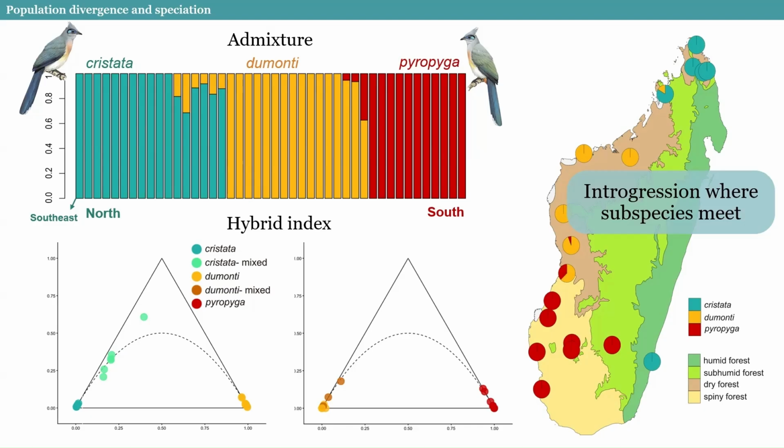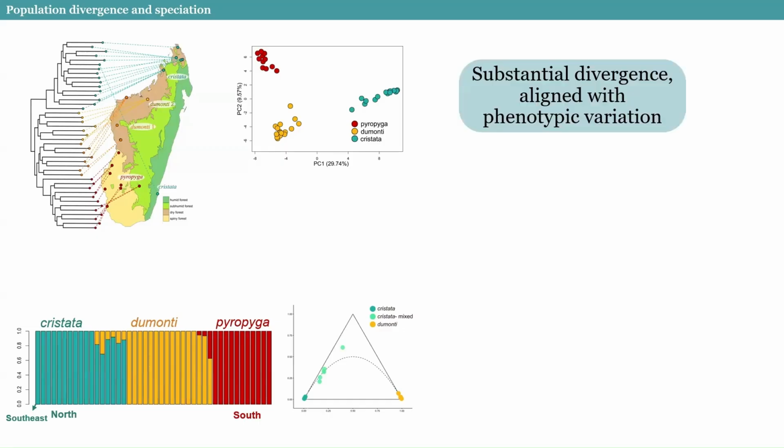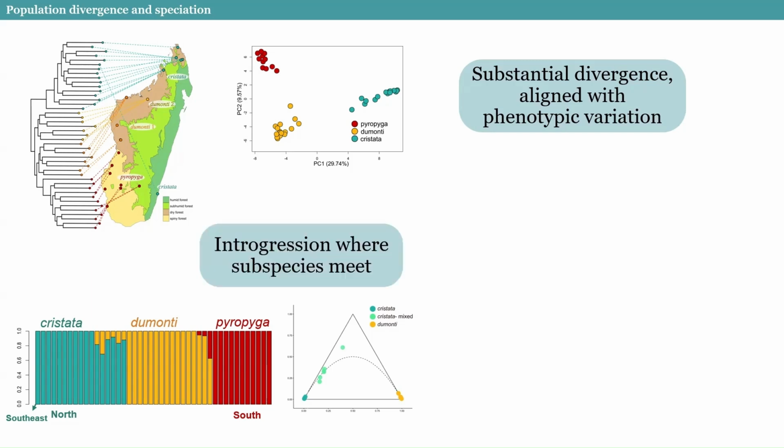And essentially what we're seeing here is that these individuals are back crosses with some ancestry from one parent, but most of the ancestry from the other. And it gives you a rough visual estimate of the amount of hybrid ancestry. So overall, we found that there's pretty substantial divergence, that divergence is aligned with phenotypic variation of those previously described subspecies, but also that there's introgression where those subspecies meet.